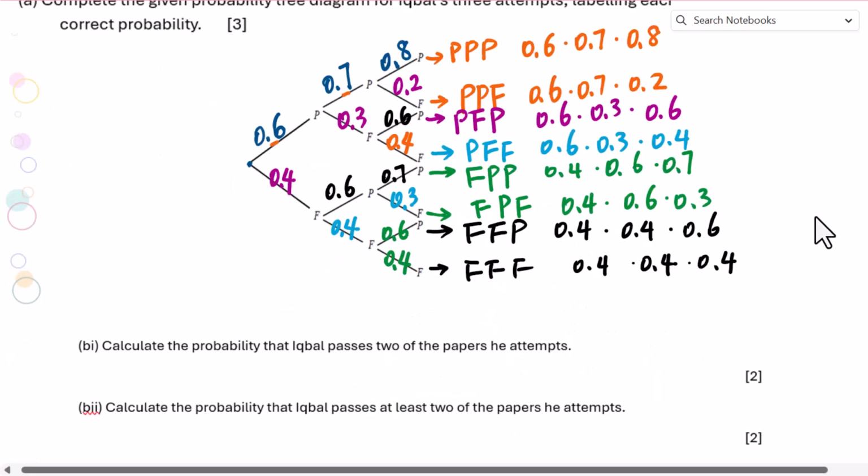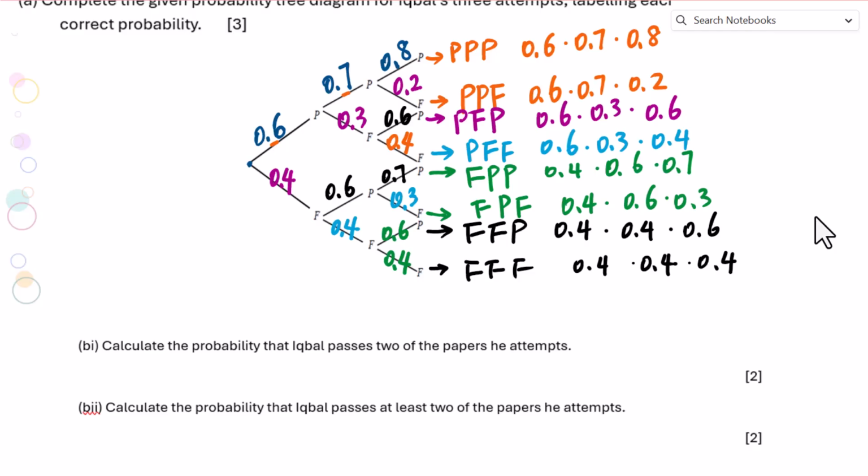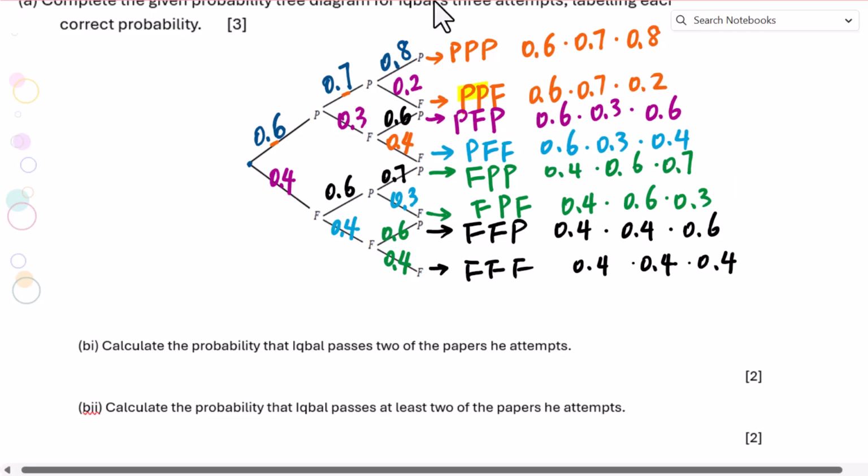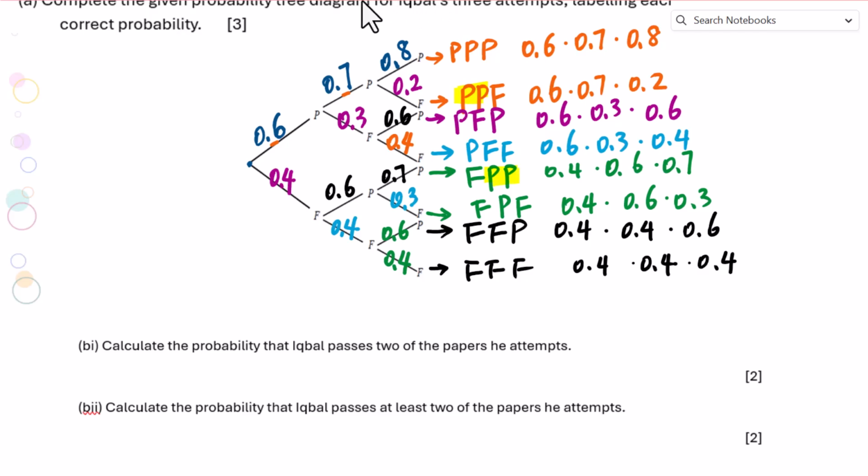Let's go to B1. Calculate the probability that Iqbal passes 2 of the papers he attempts. Passes 2 of the papers. So this path and this path and also this. So answer for B1. 0.6 times 0.7 times 0.2, which is this path, plus 0.6 times 0.3 times 0.6.